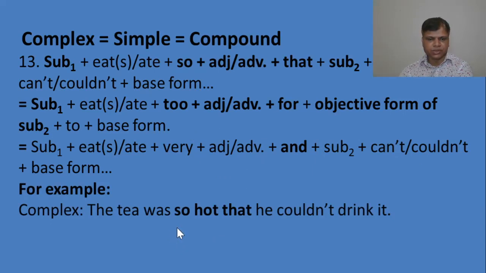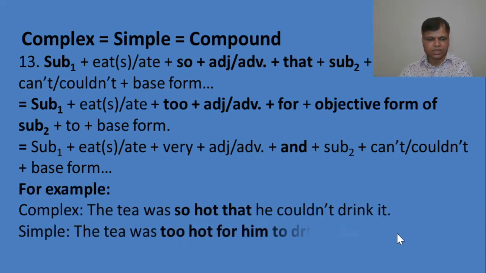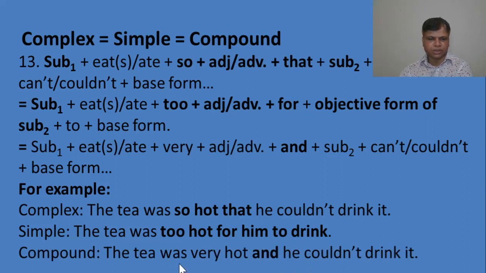So look at the example. The tea was so hot that he couldn't drink it. Simple: the tea was too hot for him to drink. Compound: the tea was very hot and he could not drink it.